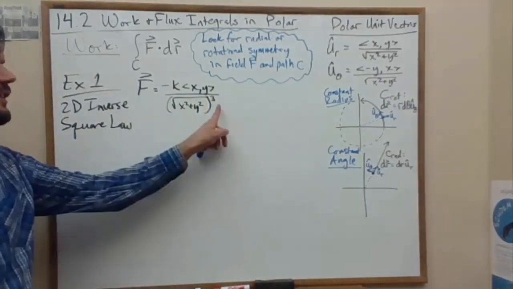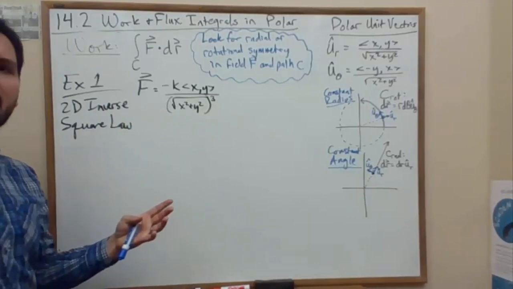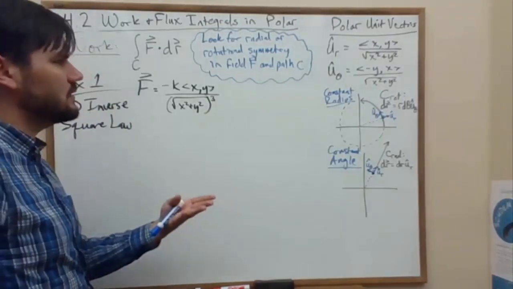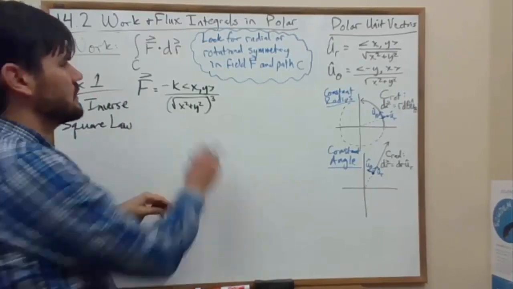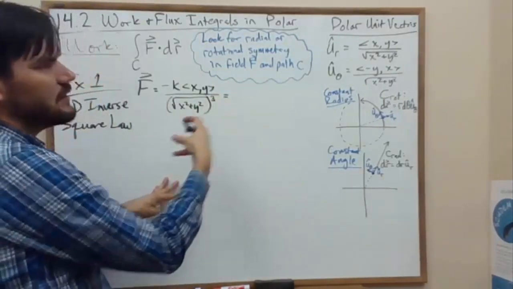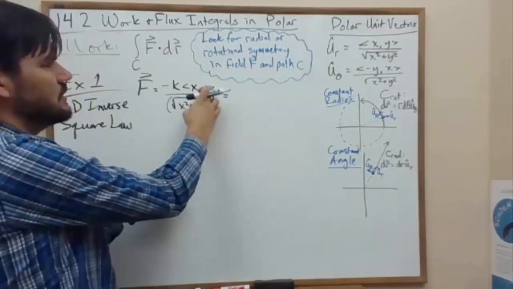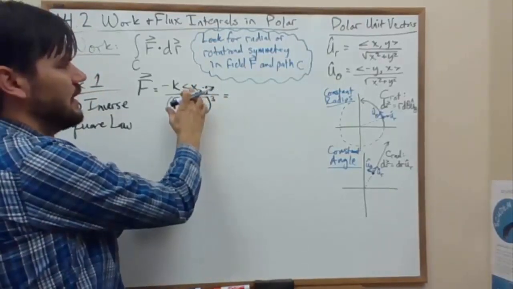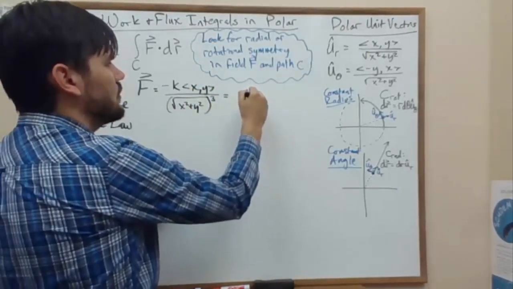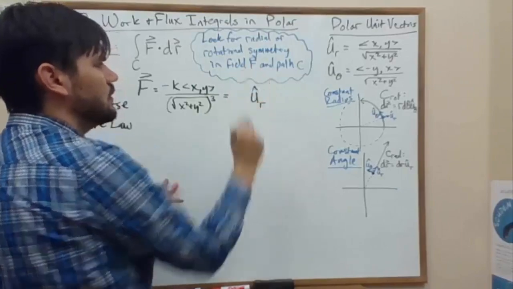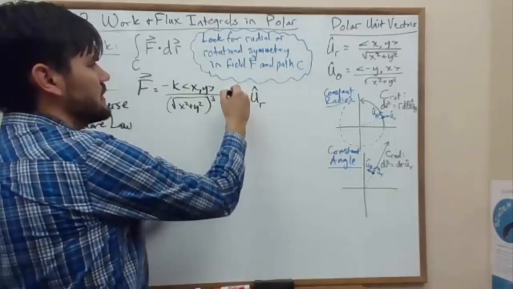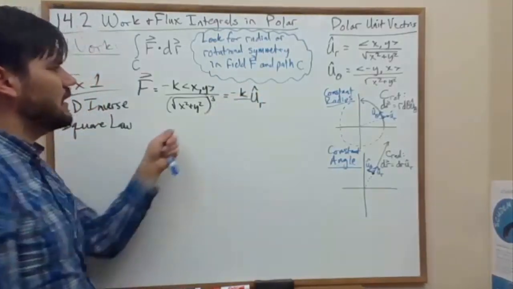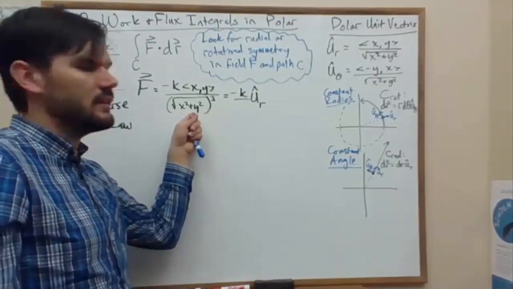Now you may think, cubed, I thought it was squared. Well, when we write it in polar coordinates, we can see the inverse square law. So if we factor out the radial direction, which is pretty obvious right there, x and y, we see what is left over. What's the magnitude left over? It's minus k divided by multiples of the radius.